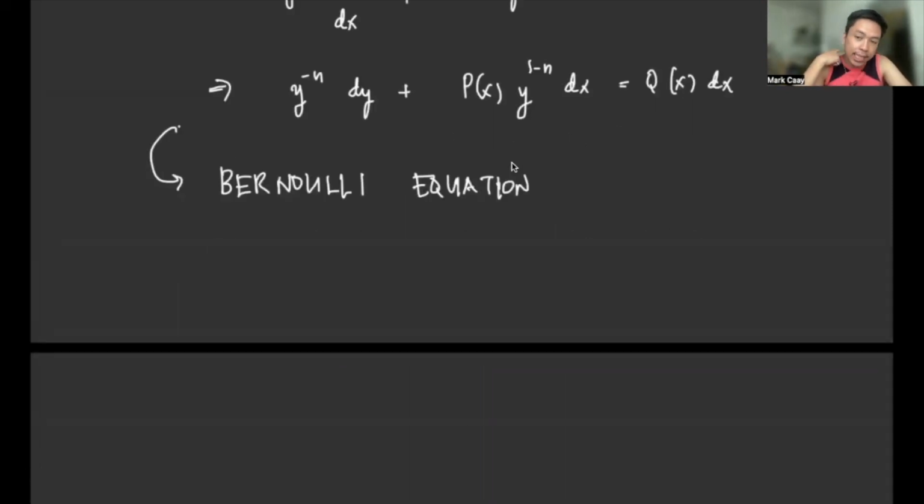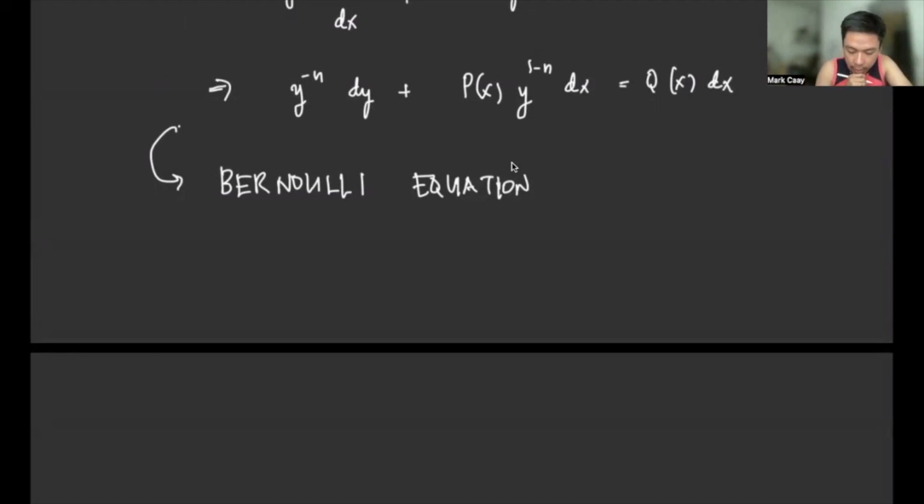For a case like this, it is very difficult for us to solve the differential equation directly. However, since we already know how to solve linear differential equations, our goal in Bernoulli's equation is to convert the differential equation to linear. That means we're linearizing them.